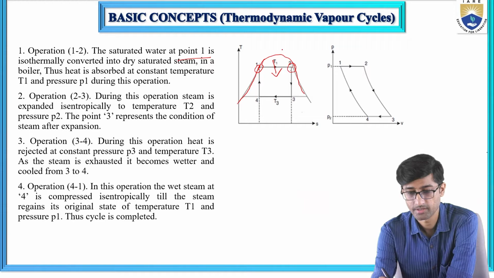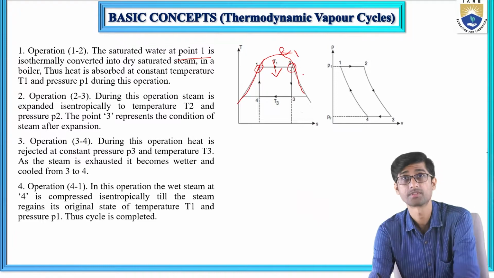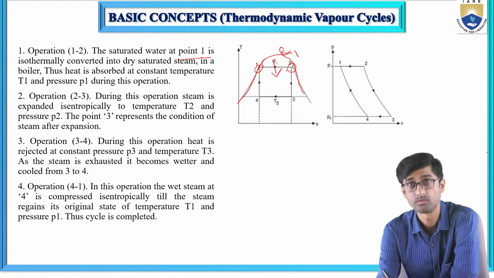Suppose let's say this is Q1. And this 2 to 3 process is called the reversible adiabatic process or isentropic expansion process. During this process, the steam is expanded isentropically to a temperature T2 and pressure P2, and point 3 represents the condition of steam, where it is wet steam, right?